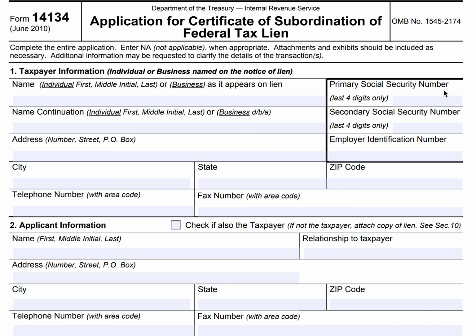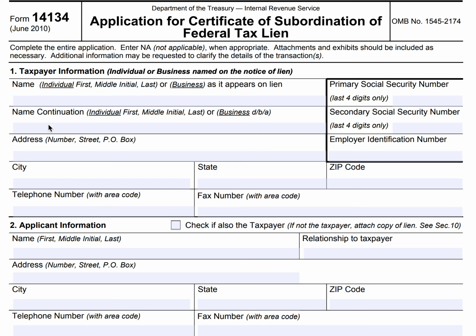Primary social security number, and if you're a married couple with a spouse filing a joint return, you can put a secondary social security number on there. If you have an employer identification number or an EIN, you put that in there.